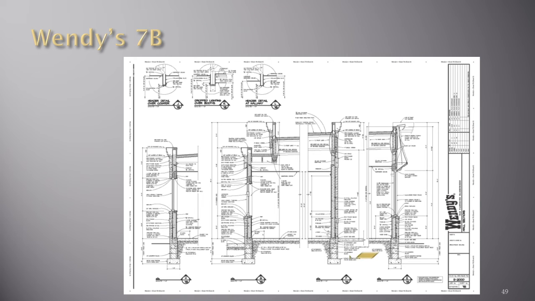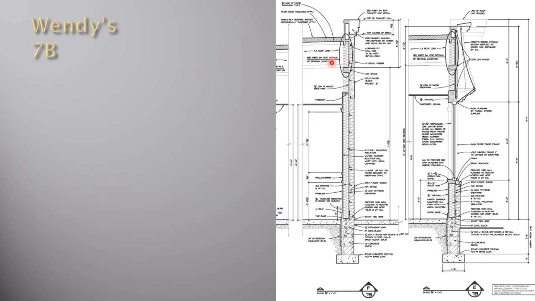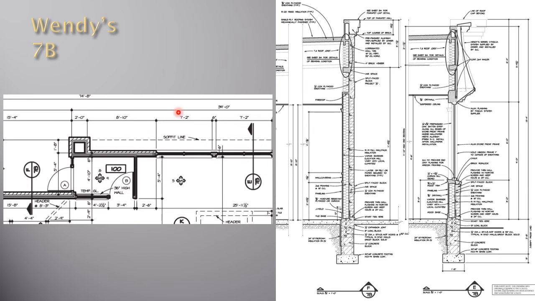On 7B, we see sections F and E, my enlargements, and we see that F and E are taken on the opposite side of the building, and in this case, the outside of the building is on my right, the inside of the building is on my left. So whenever you need to know what the inside of a wall looks like, you will look for sections.